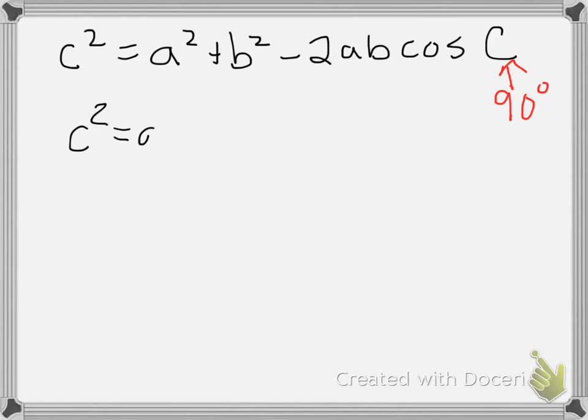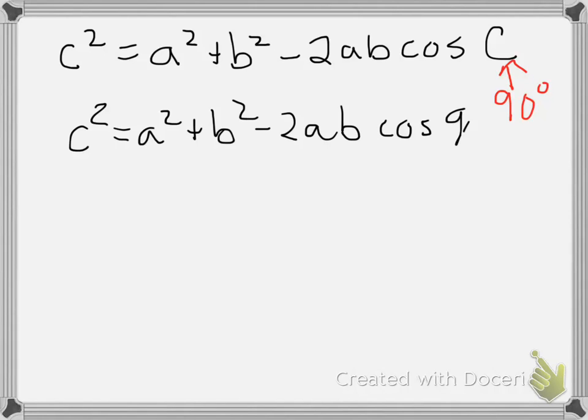C squared equals A squared plus B squared minus 2AB cosine 90 degrees. Okay, so what is the cosine of 90 degrees? Now some of you have done the unit circle, and you look on the unit circle, the cosine is the x value. And so one way to look at it is like this.